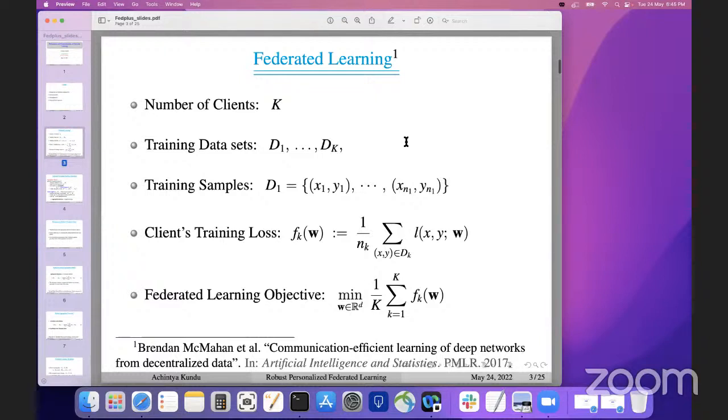By model, you can say whether it is a logistic regression model for classification, or a deep neural network for classification. It can be anything of that. But the model is the same across all the clients that are participating. They are trying to learn the exact same model, and only the model parameters are variable here. Once you fix a model, you want to learn those model parameters. We are talking about learning those model parameters by denoting them as W.